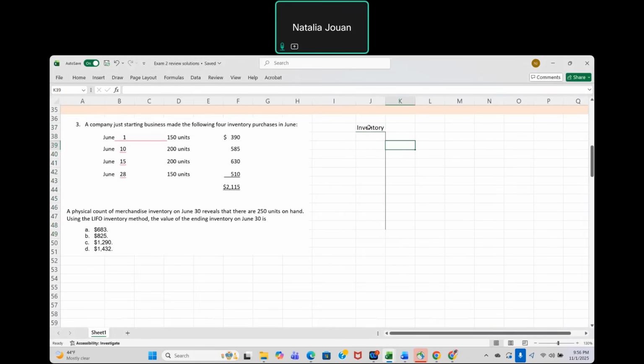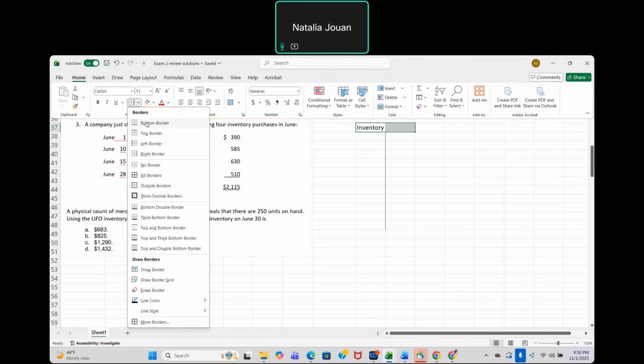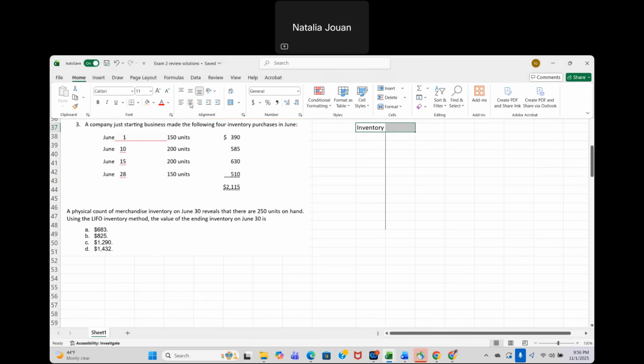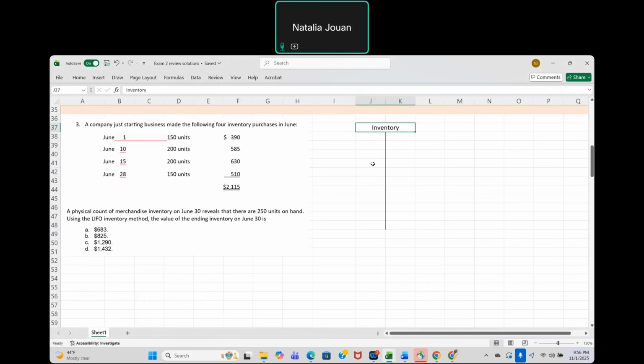Supposed to be a T. There we go. Okay, so let's make this cell a little bigger. It looks like the company started business that year. So our beginning balance is going to be 0. So let's add all these purchases that we have.